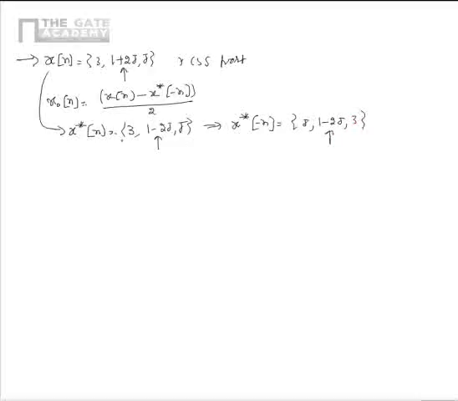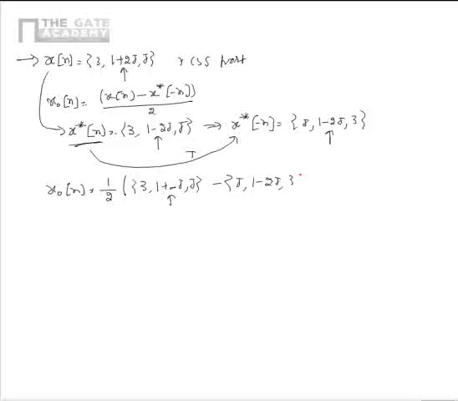This is obtained by transposing the signal x star of n. Now from this we can write the conjugate skew symmetric part of the signal as xo of n is equal to half multiplied by 3 comma 1 plus 2j comma j minus j comma 1 minus 2j comma 3.